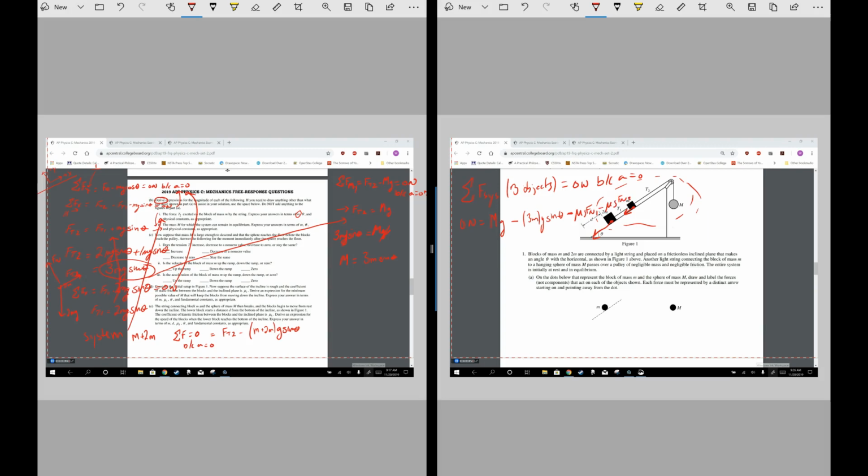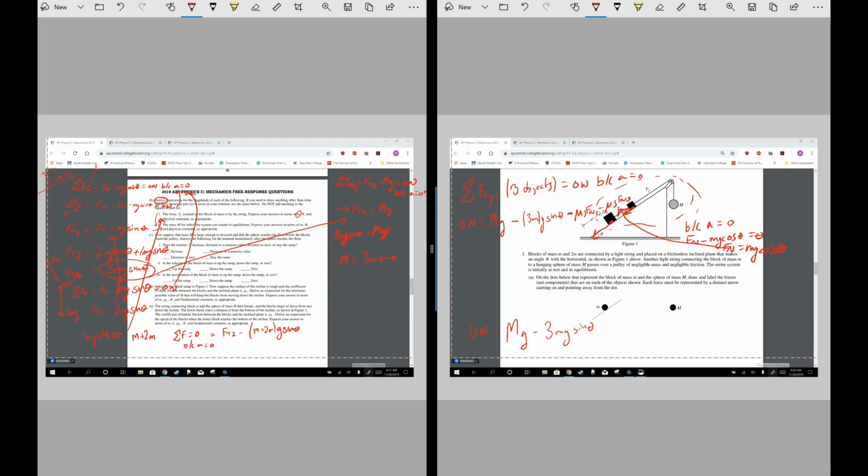So one of the things that we'd want to say is that because a equals 0, Fn minus mg cosine theta equals 0. So Fn equals mg cosine theta. Then we have to substitute. All right, so now our equation is big Mg minus 3mg sine theta.